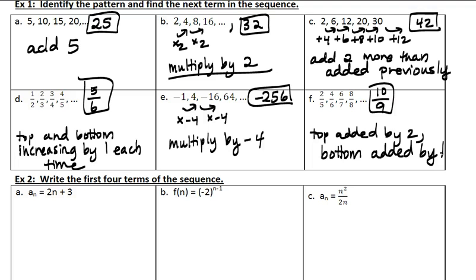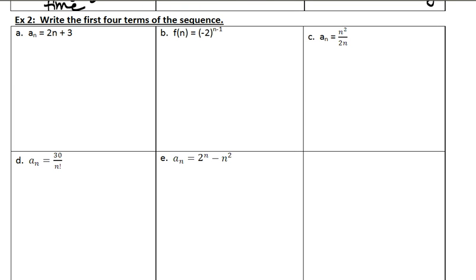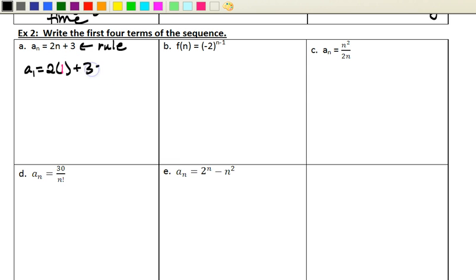For example 2, we're going to be given two different notations, and we're going to write the first 4 terms of the sequence. Here's what I mean. This is called our sequence rule. I am going to find term 1, and when I find term 1, I plug in a 1 for n, and I find what that is.